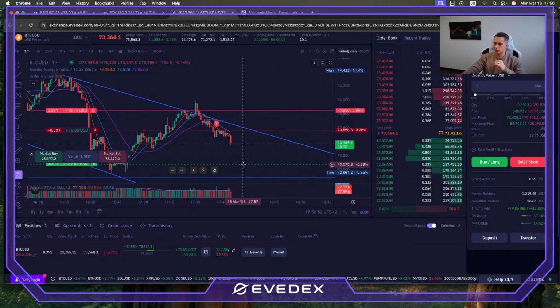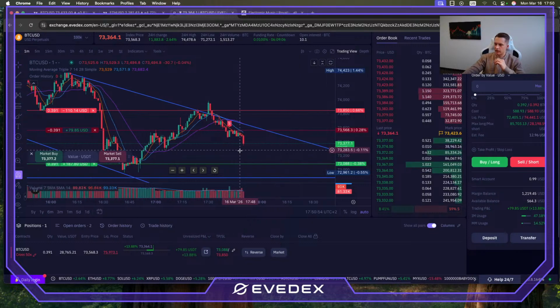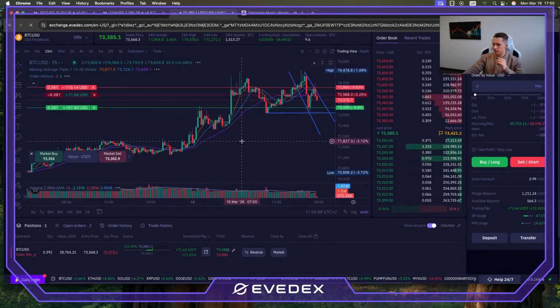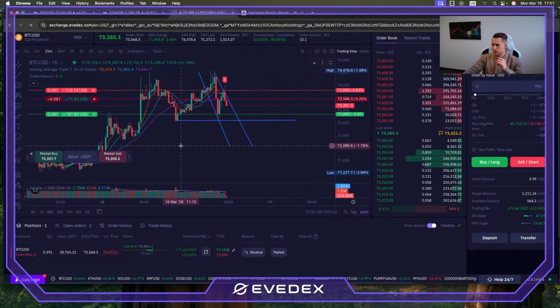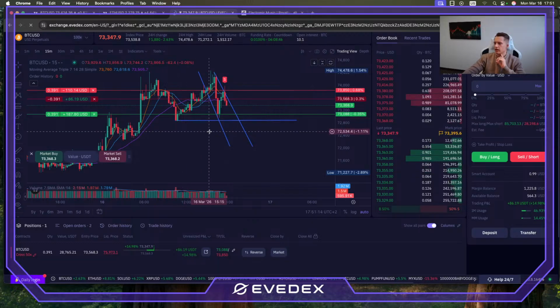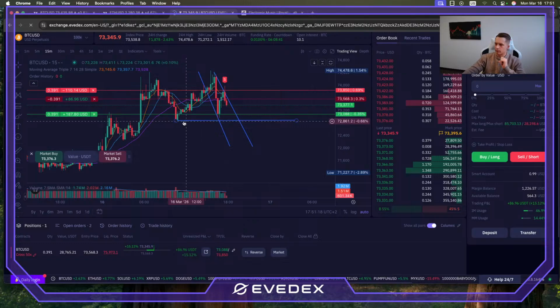So at this level where I have the take profit, this was a level around 72,888, where, as you see, price came down and didn't quite break through.